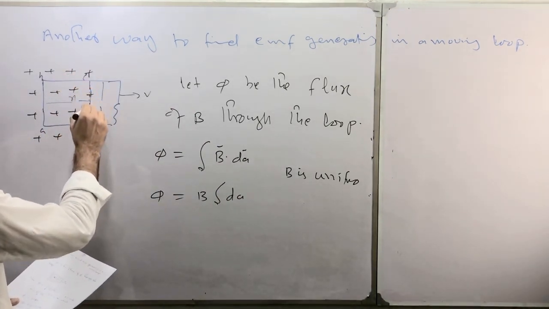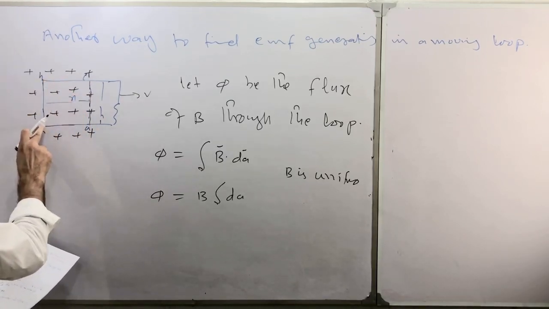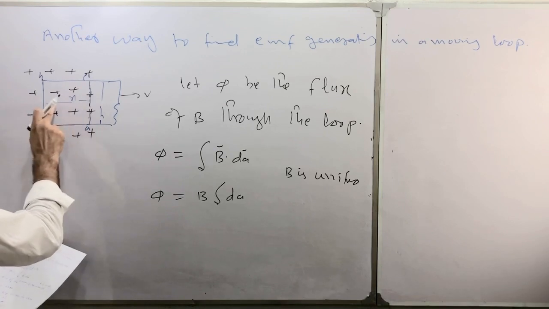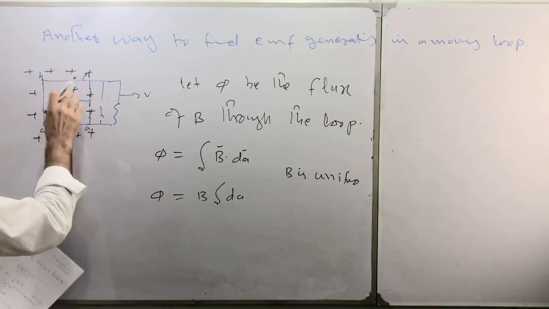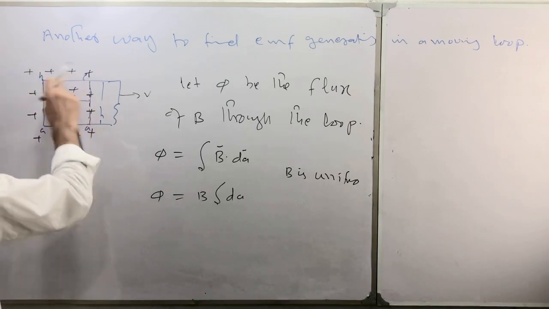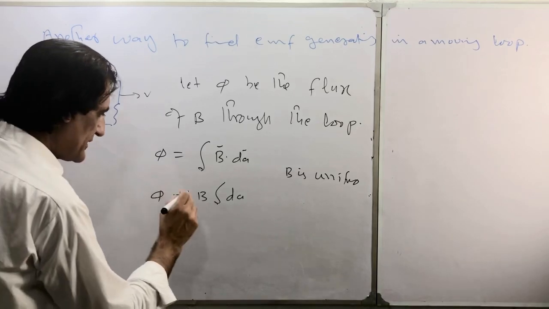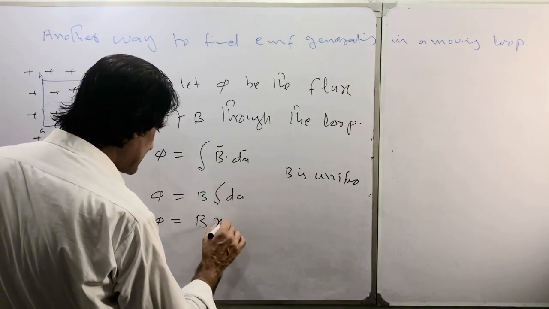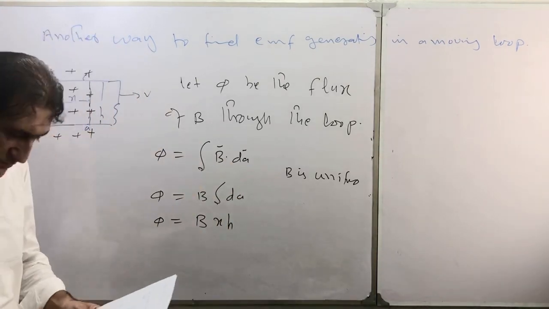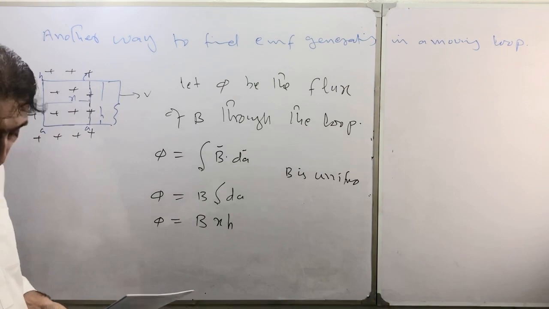This is the area inside the magnetic field, with distance X and H, so the area is X into H. So phi equals B into X into H. This is the flux of this loop.